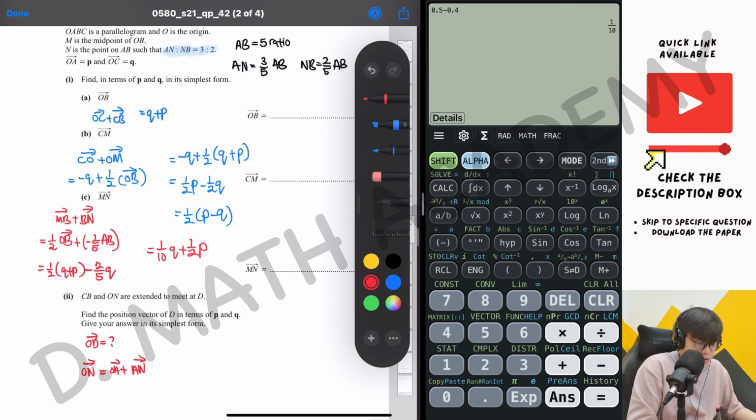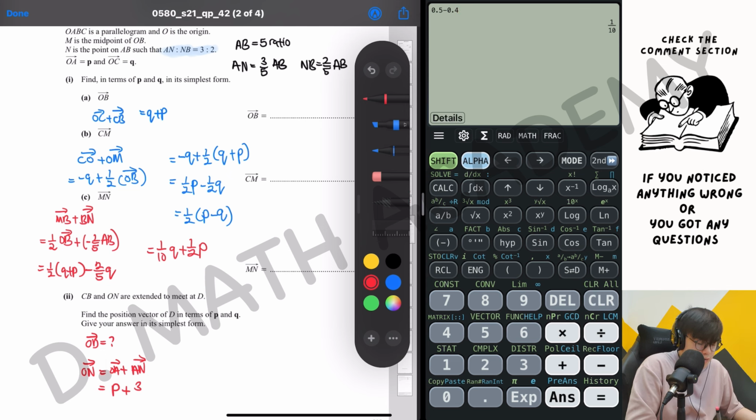For this, you will know that your OA is actually P, while your AN is 3 over 5 of Q. Since they are on a straight line, you need to know that OD is a scale factor of ON.